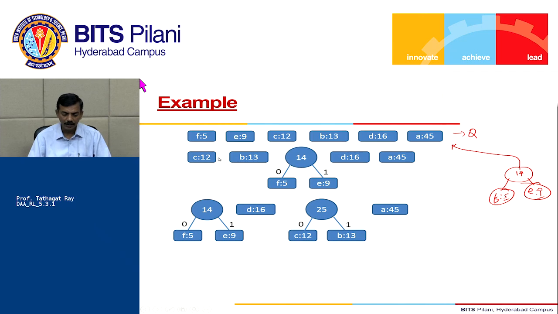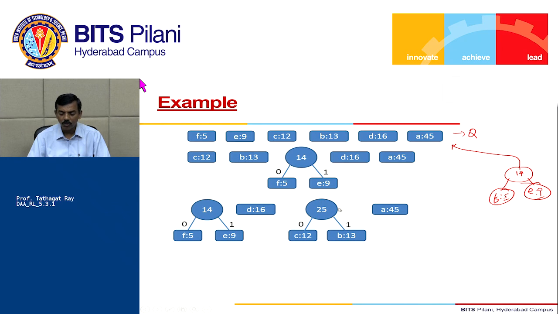Again, pick up the least frequent from the queue and the second least frequent. So least frequent is C, second least frequent is B. So 12 and 13. The least frequent becomes the left child, the second least frequent becomes the right child.